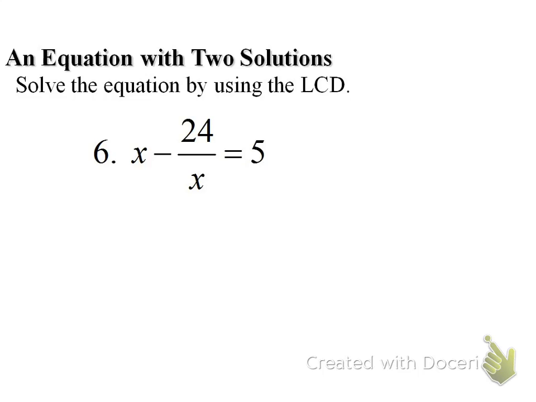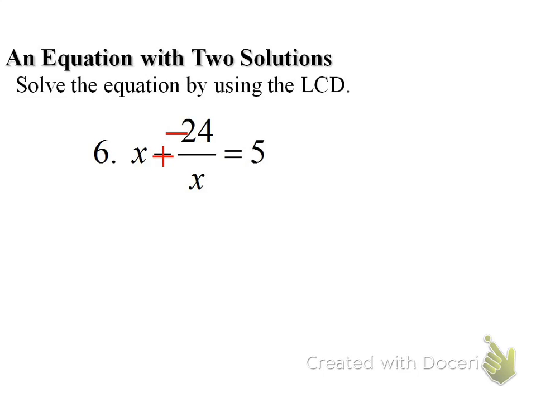All right, here's number 6. Number 6 is easier than number 5, so if you're feeling a little overwhelmed, don't give up just yet. First thing I'm going to do is take care of that negative, like I do all the time.